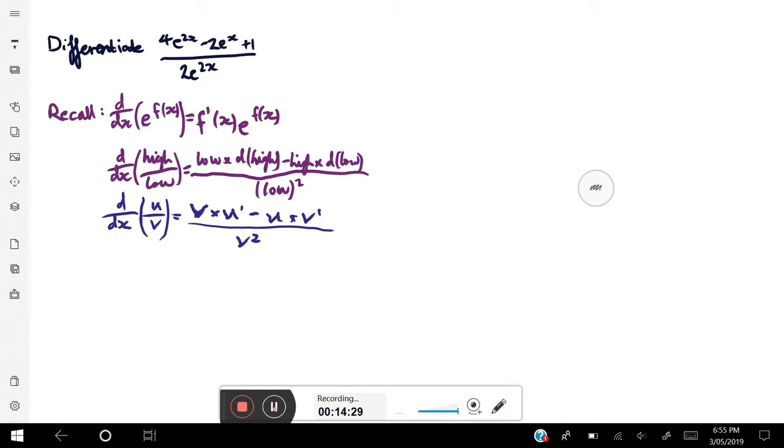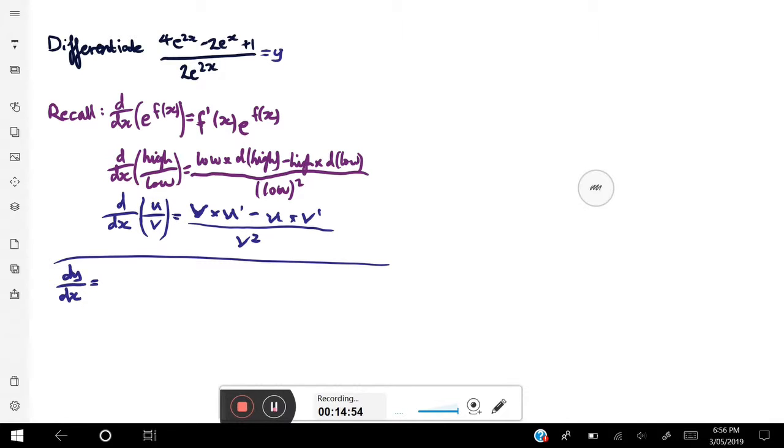So e to the f of x is still the same, but you have to multiply it by the differentiated f of x. Okay, so let's start this. Let's just say that's equal to y. Okay, so dy/dx.